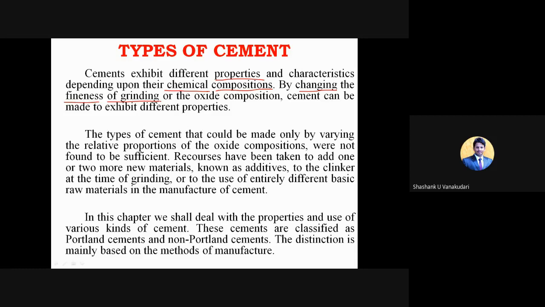You have taken the raw materials, crushed them, and stored them in the storage basin. That crushing of raw materials and bringing them down to the finest particles, that process we can change. Instead of the finest, we can use still larger particles there. And then just by changing the oxide composition.